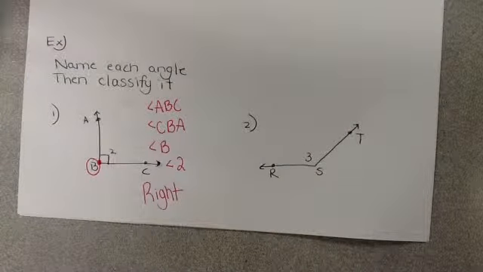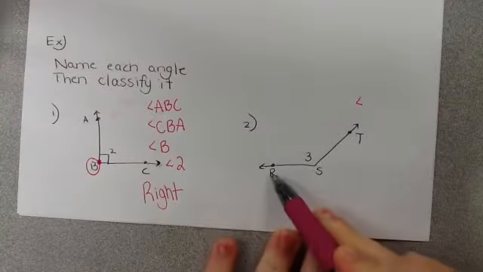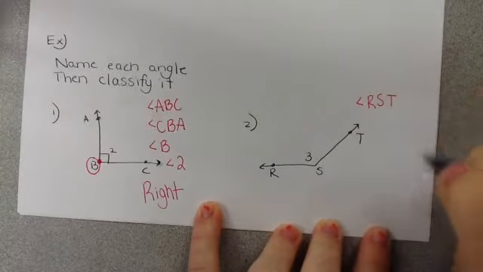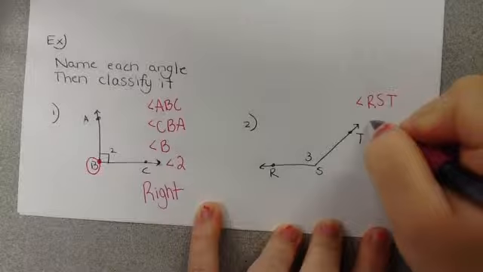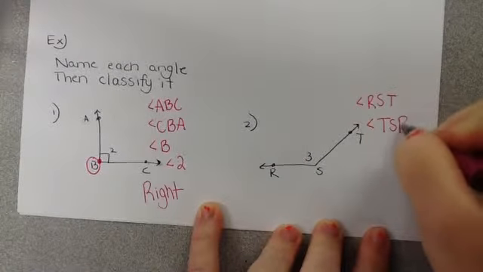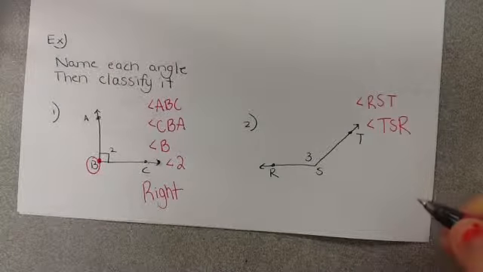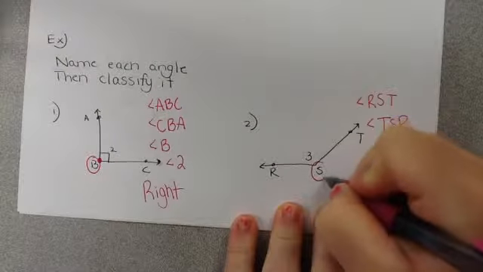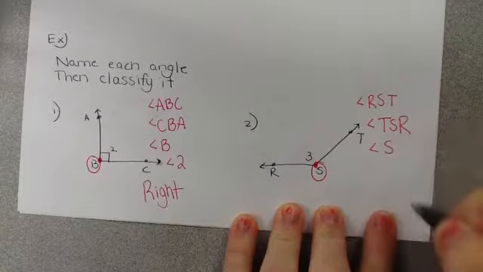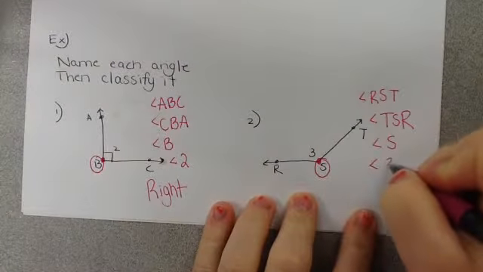What is one way you named this angle? Angle RST, using our letters. We could also go the other way. What was the other way you had? Angle TSR. Using just the vertex, what did you name this? The vertex is right here at that center point, so it is angle S. And using the number, angle 3.